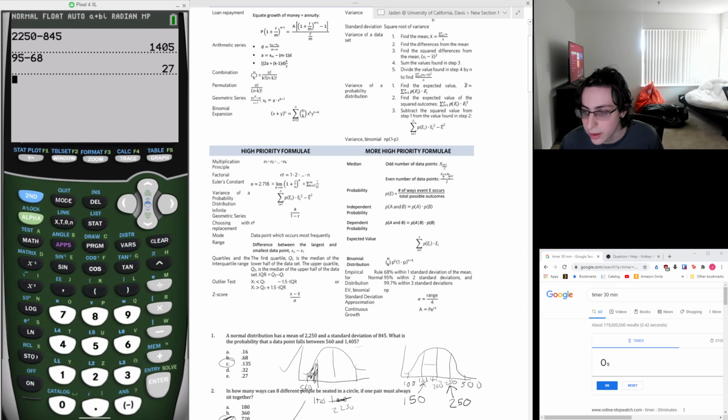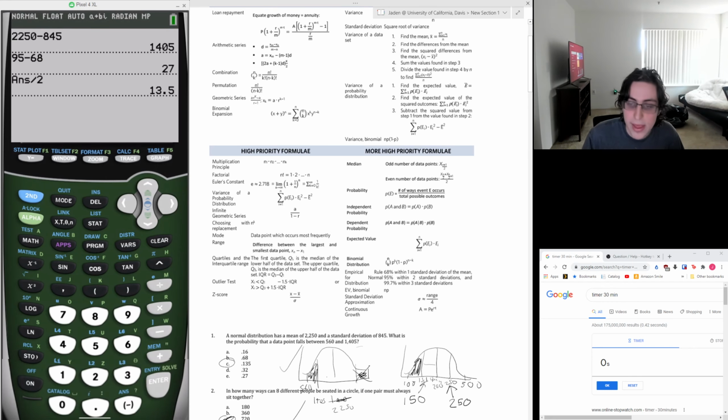So that would be like in our previous problem where we had 100, 150, 200. There's a 27% chance that something falls between 100 and 150, or what is this, 250 and 300. But we only want it between this area over here. We don't care about this area over here. We don't care about that at all. So we divide this by 2. And that gives us 13.5%.